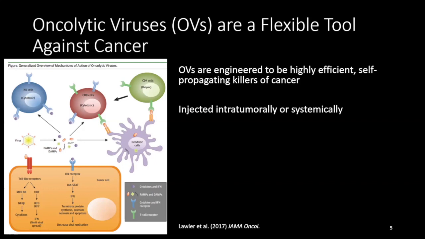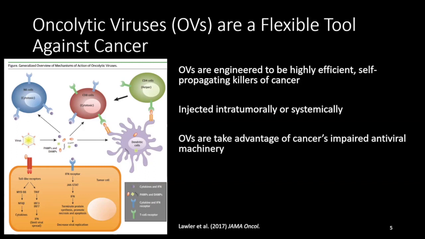The reason being, if you administer them systemically, they're subject to clearance by the innate immune system, in addition to poor pharmacokinetic properties, because they have to circulate the entire body, and that prolonged trafficking time makes them susceptible to clearance.